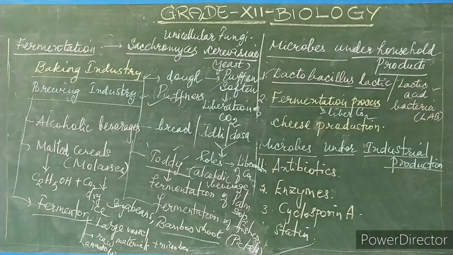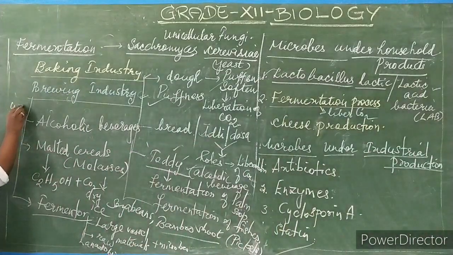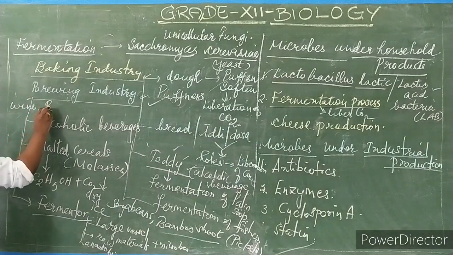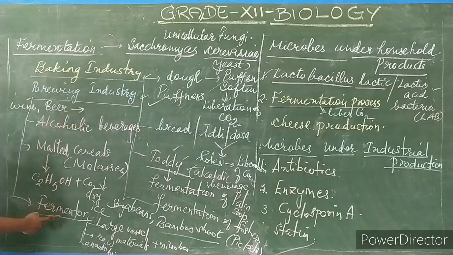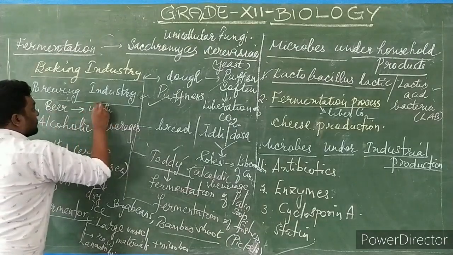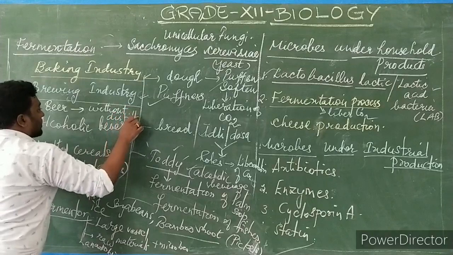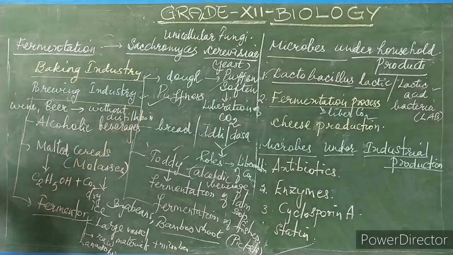Brandy, whiskey are some of the examples. Brandy, whiskey, wine, beer, all we can obtain, isn't it? For wine and beer, direct fermentation without distillation, without purification, we call it wine or beer.